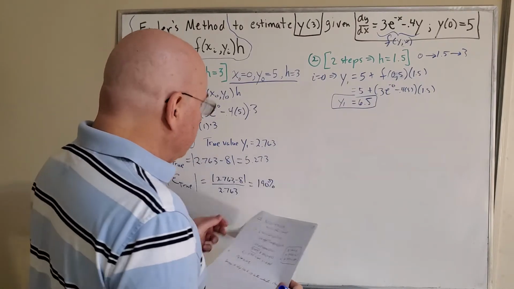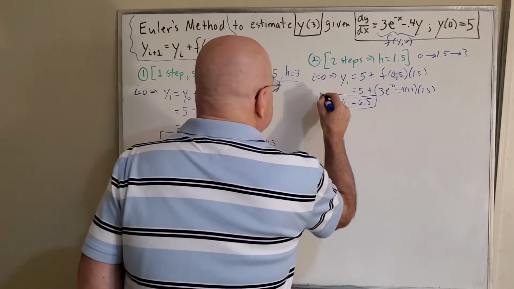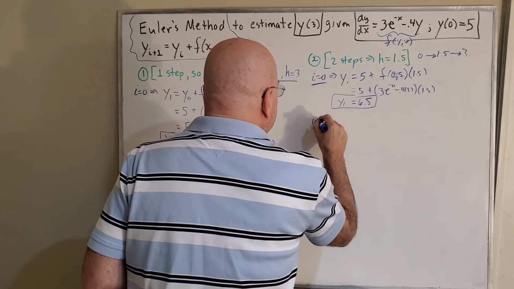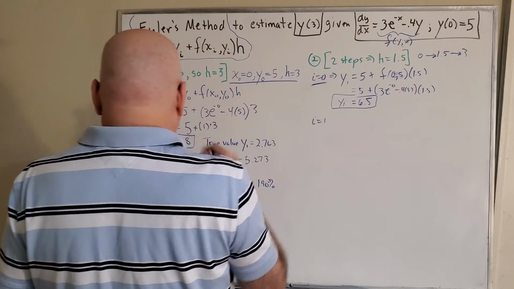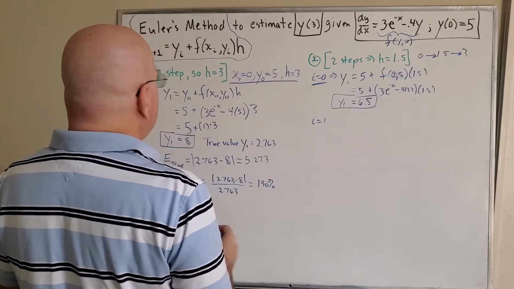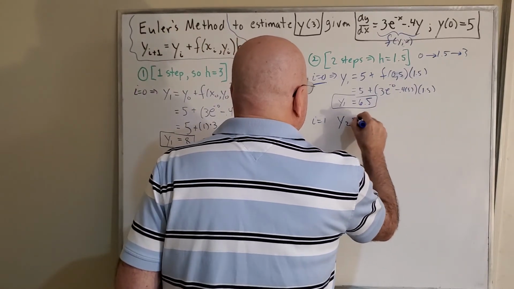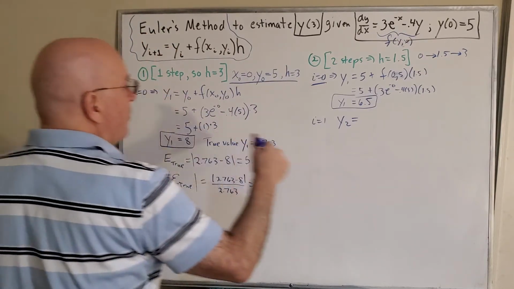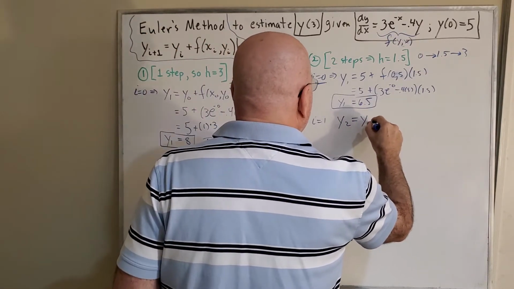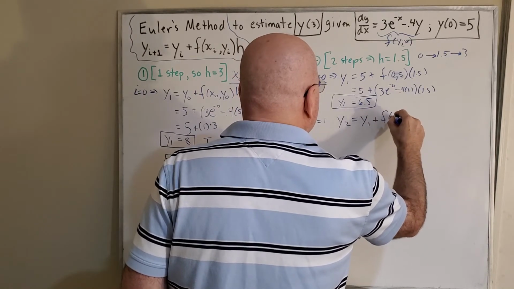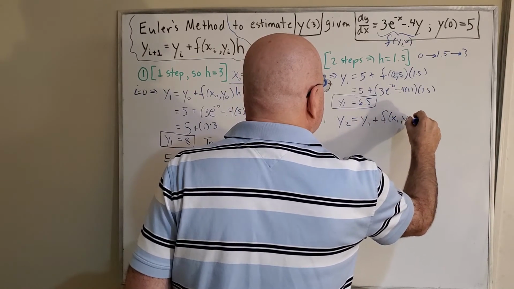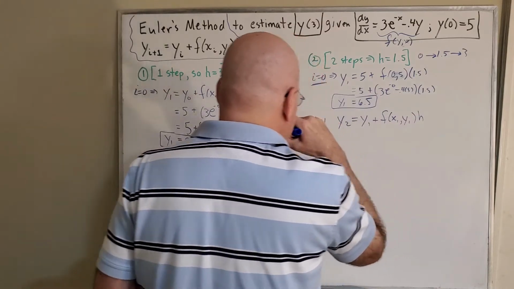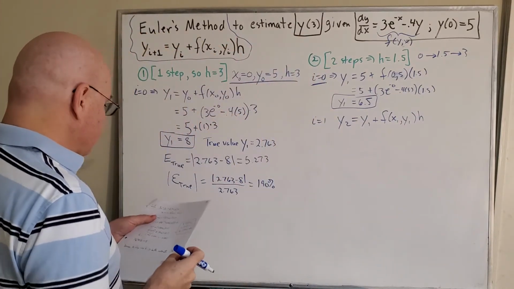Okay, so now we have one more step to do. We're going to go i equals 1, which, since I haven't written that one out, I'll write it out. y2 is equal to y1 plus f of x1, y1 times h. That's the formula we'll use for the second step.